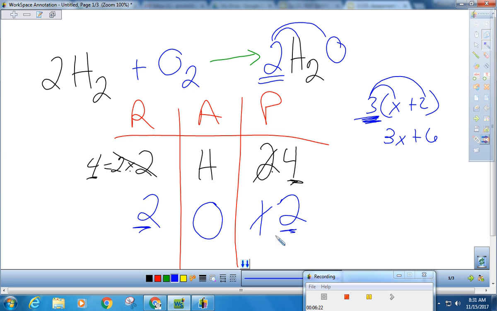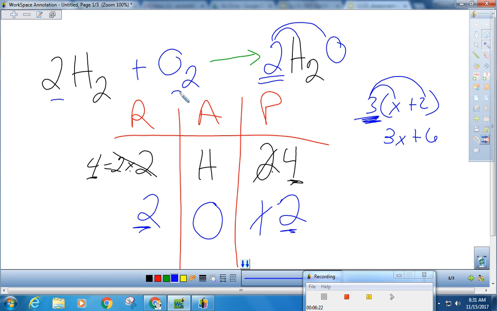Look, the only way to create water is if I have 2 hydrogen molecules for every 1 oxygen molecule. Meaning, if I have just 1 hydrogen and I try to make water, it's not going to happen. I have to have at least 2.